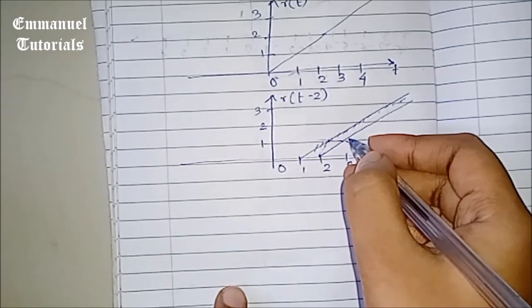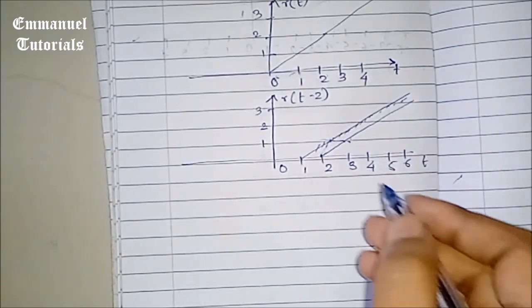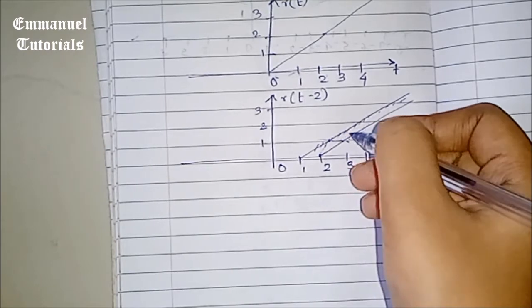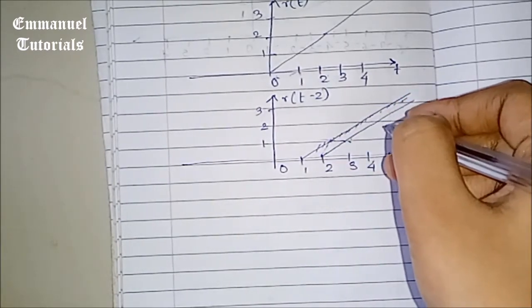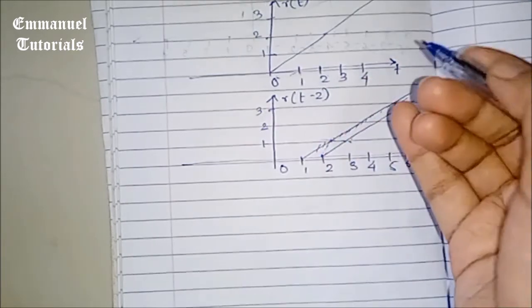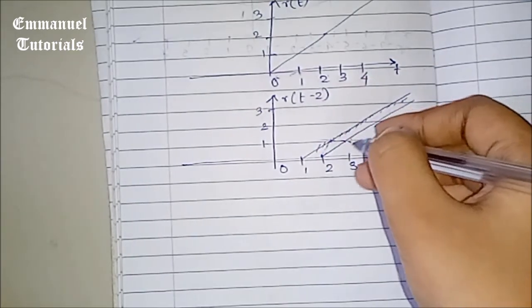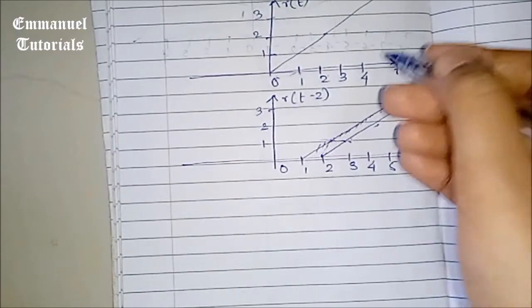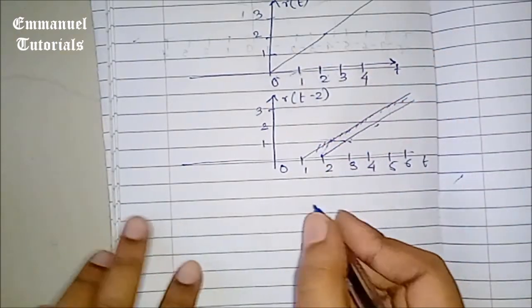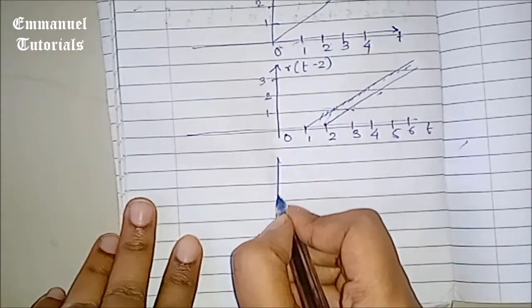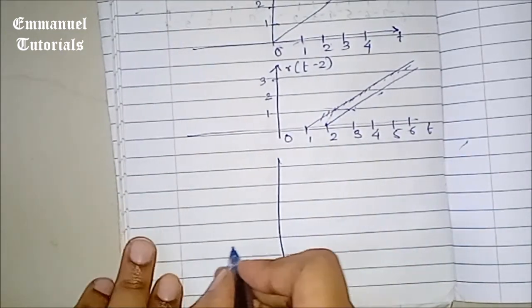At 3 the amplitude is 1, so you're going to multiply it by 2, so the amplitude of the signal is going to be 2 at 3. At 4 the amplitude is going to be 2 into 2, because 2 is in the original signal and the resulting will be 2 into 2, which is 4, and so on. So 2, 4, 6, 8, and so on. Let's do that. So the slope is going to change in this case.